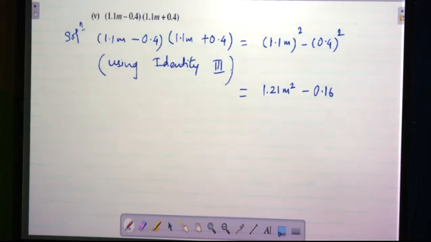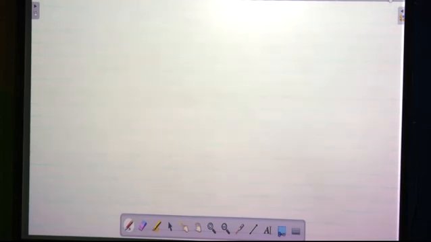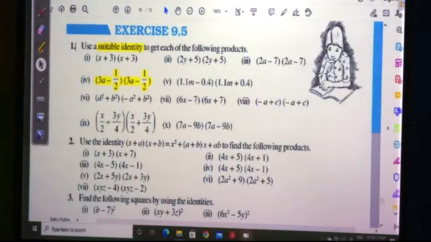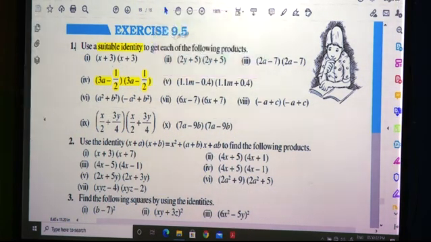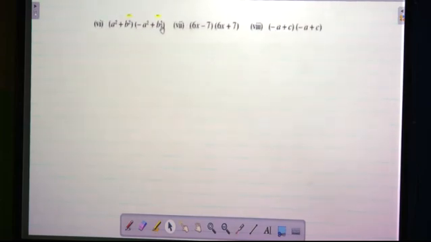Let us see the next sum. A square plus B square second bracket minus A square. Oh, by mistake I have selected the pen. We shall copy the 3 sums on a page there.